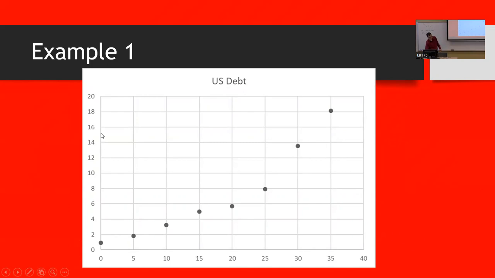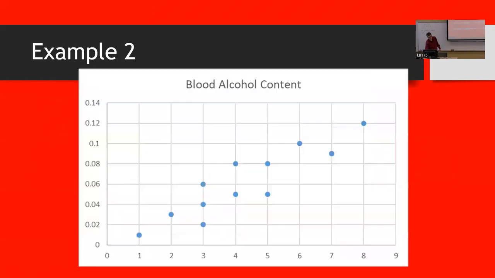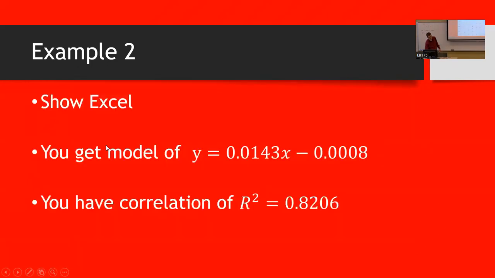And the trillions of dollars in debt got graphed on the Y-axis. Is that right? Same thing here. Number of beers got graphed on the X-axis. Blood alcohol level got graphed on the Y-axis. All right. So number of beers was the X. Blood alcohol level was the Y.